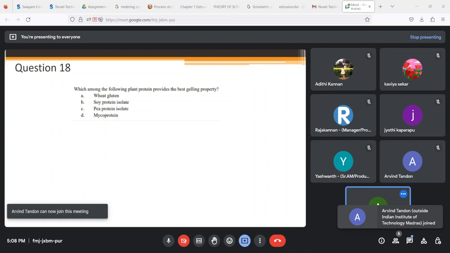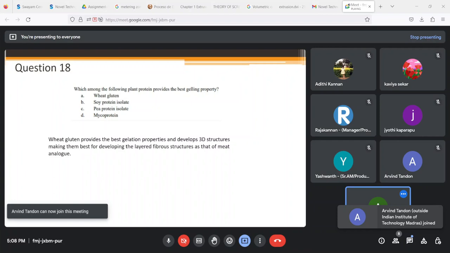So amongst these four plant proteins, wheat gluten is found to be one of the best proteins for gelation properties, because they develop 3D structures and are often used as meat analogs. When you heat your wheat gluten, they form fibrous structures, and once you change the texture slightly, you can often use it as a meat analog or substitute for meat.